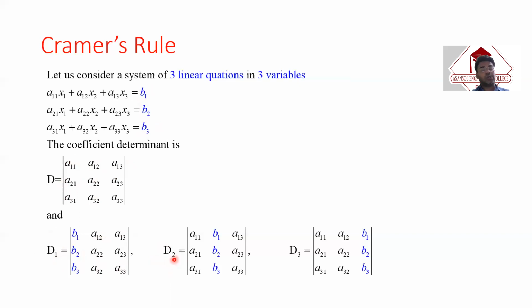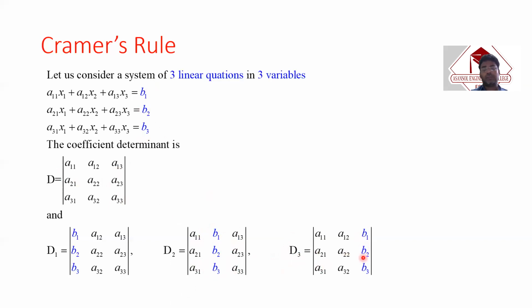D2 is also obtained from D by replacing the second column of D by b1, b2, b3. The first and third columns stay the same. Now D3 is obtained from D by replacing the third column, a13, a23, a33, by b1, b2, b3.